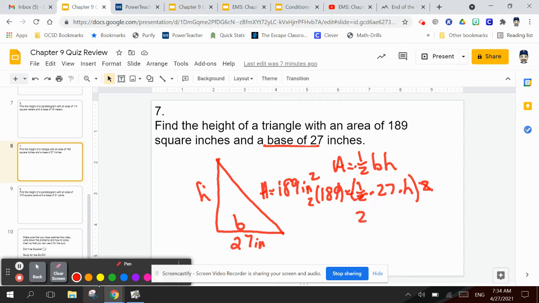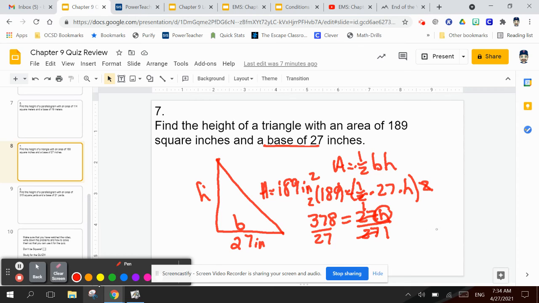I'm left with 27h equals 189 times 2 is 378. So then I want to divide each side by 27. 27 goes into 27 once.